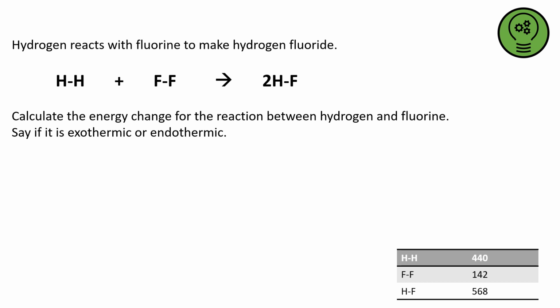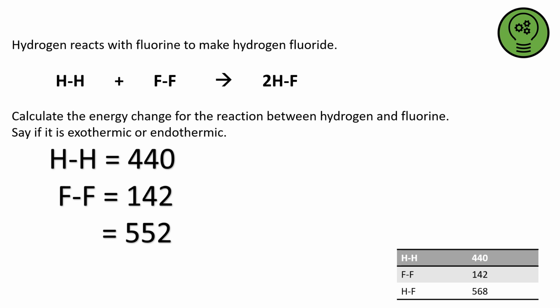Okay, have a go at this question for me. The table is at the bottom right. Okay, so here I have, on the reactant side, 1 hydrogen to hydrogen bond, which is 440. I have 1 fluorine to fluorine bond, which is 142. Added this together, I've got 582 kilojoules per mole.